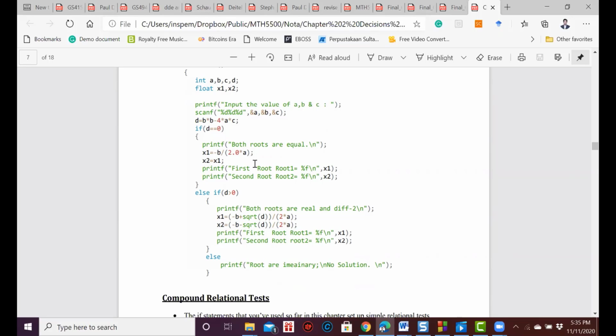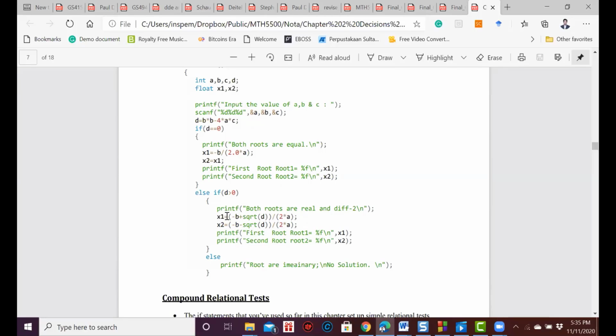The logic is simple. Here, d equal to 0, then we calculate and print out the two values here. The value is the same, the roots. Else if d greater than 0, in case of d greater than 0, then we have two different roots.